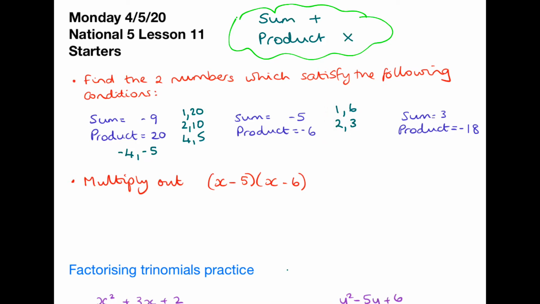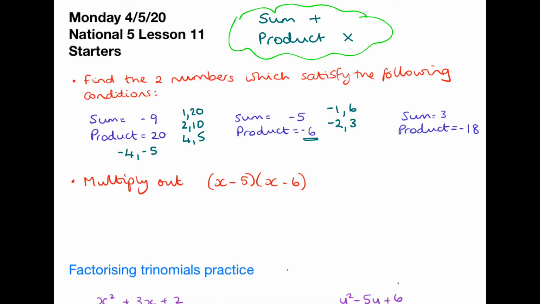Okay, so what we need to go back to is thinking that our product is -6 here. So that means that the signs have to be different. So we've either got -1 and +6, or the other way around. And we've got -2 and +3, or the other way around. Okay, so let's take -1 and 6.